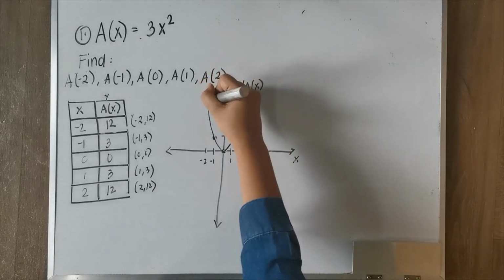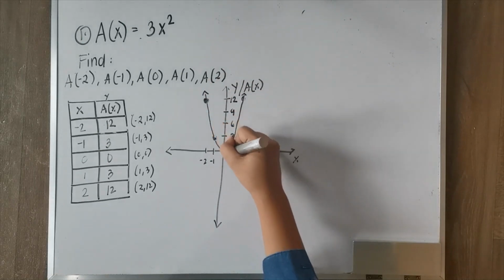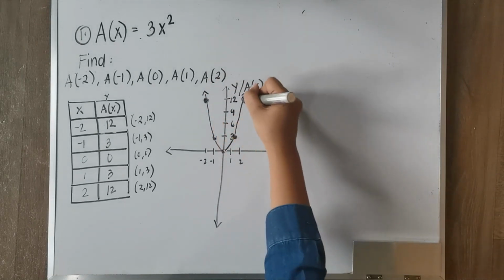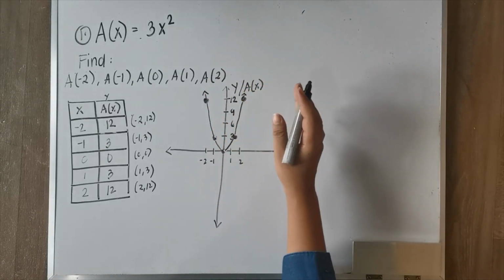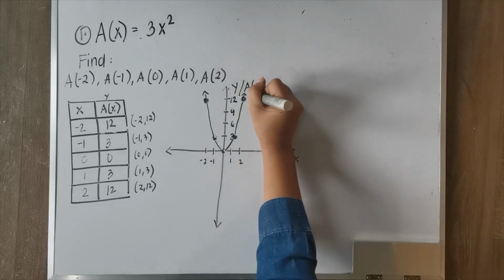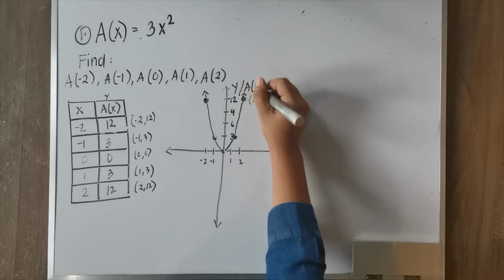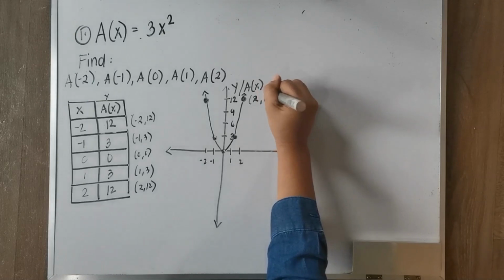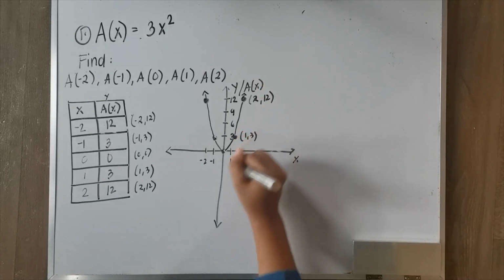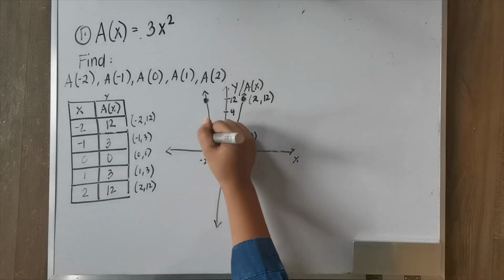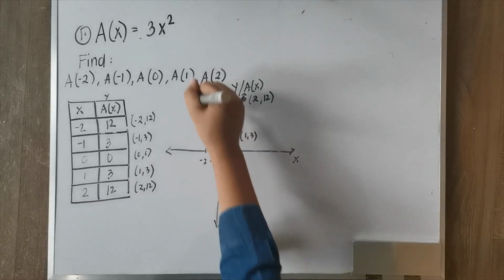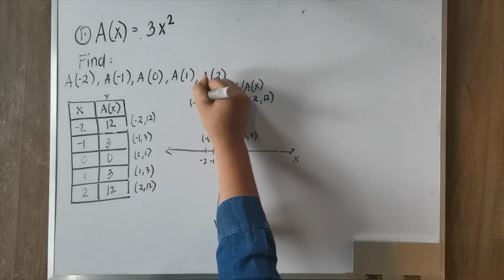And we now have a graph. To make our graph complete, we can also label our coordinates. So we'll have here 2, 12, 1, 3, 0, 0, negative 1, 3, and negative 2, 12.